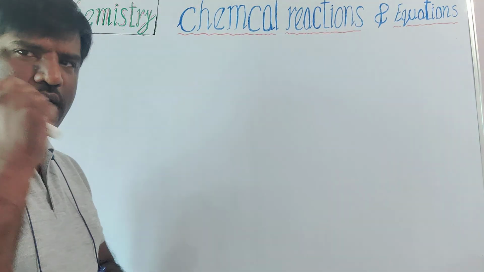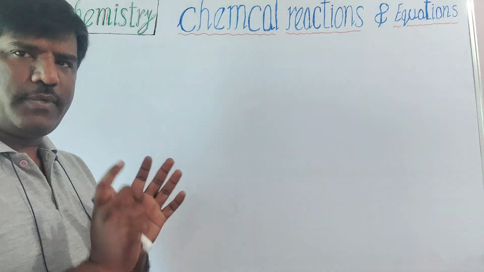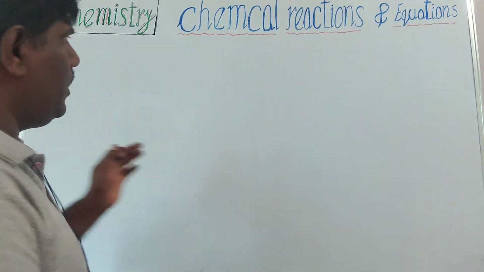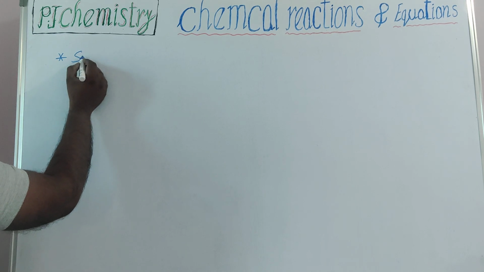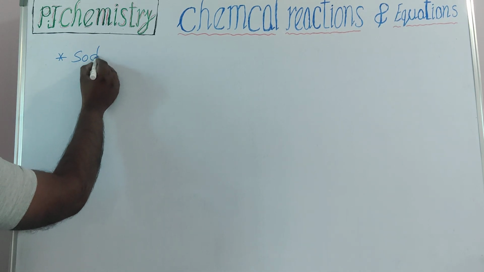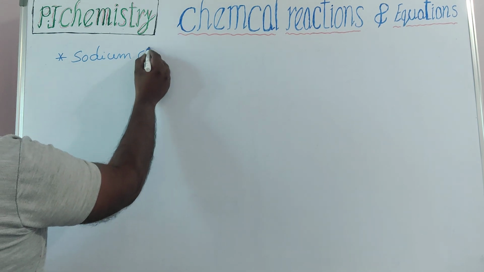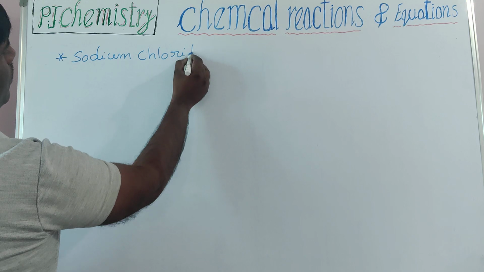To write any formula, first we need the valency of the particular elements in the formula. For example, a simple example: the given word formula is sodium chloride.